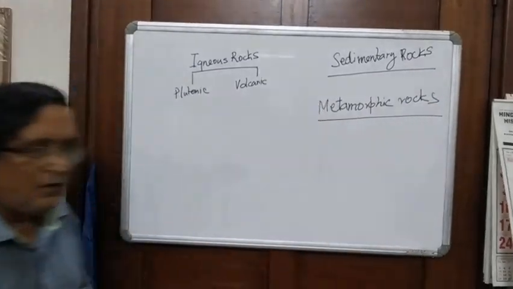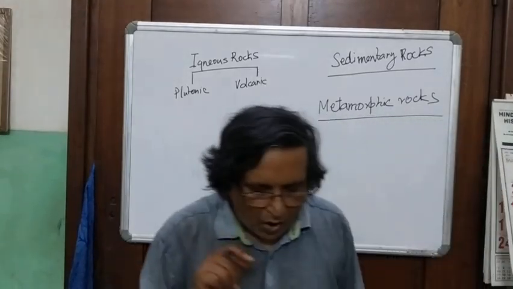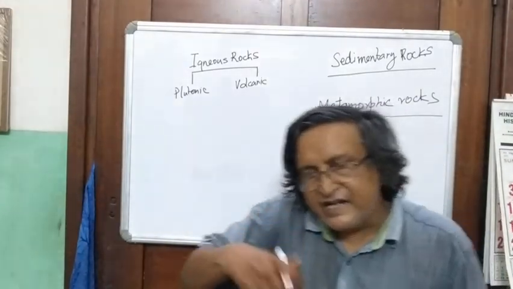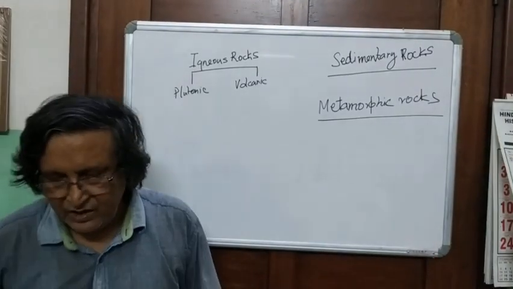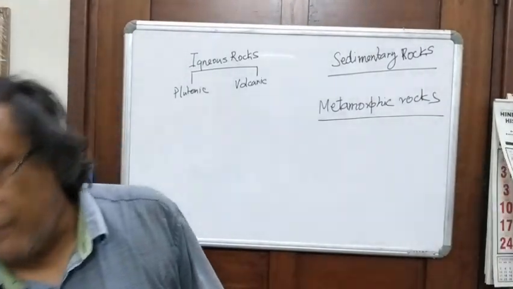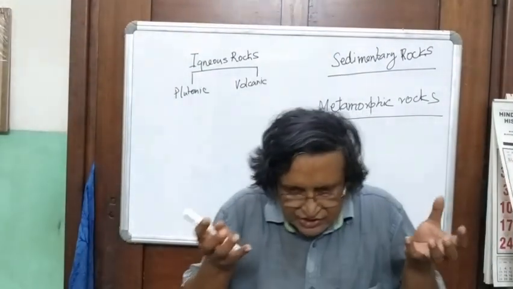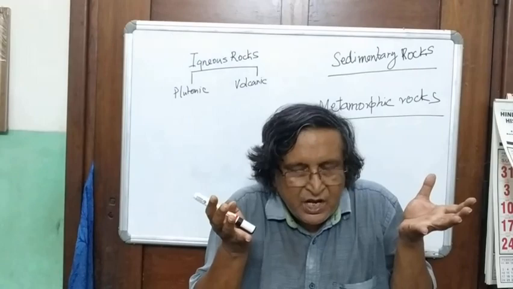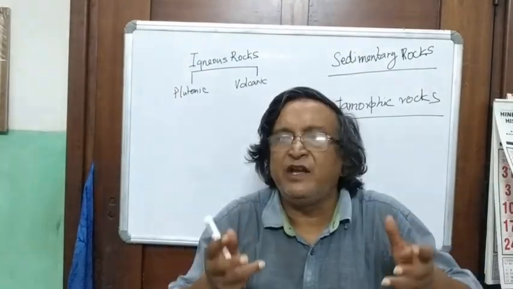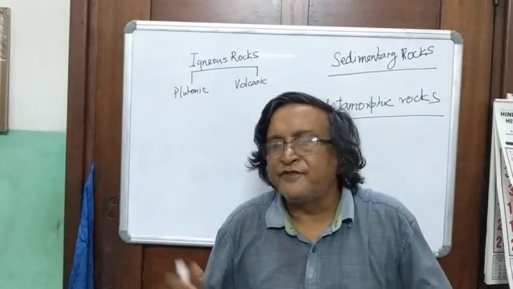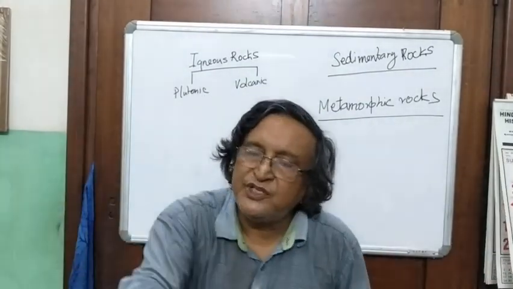They are called metamorphic rocks because these rocks have undergone some sort of metamorphism, which means that the pre-existing rocks had certain minerals, and those minerals were chemically and texturally modified because of some tectonic events that imposed itself on the rock.